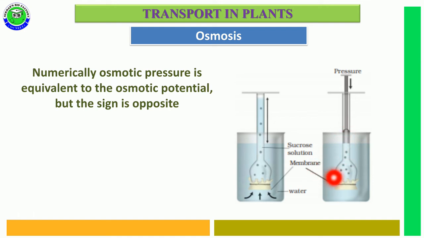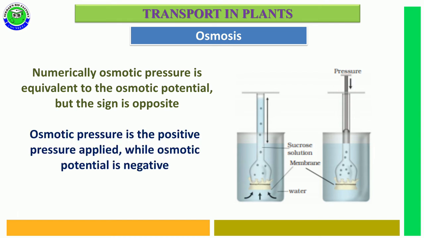At the same time, osmotic potential helps water enter the thistle funnel. So both osmotic pressure, which is created at the narrow end of the thistle funnel, and osmotic potential, created at the broad end of the thistle funnel, are equal, but both are signed in opposite directions. So the osmotic potential is always negative, because when water molecules enter the thistle funnel, the water potential value decreases.